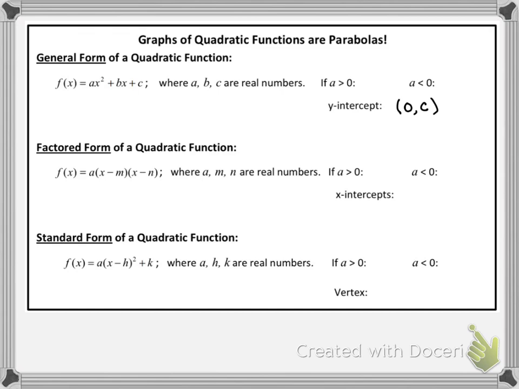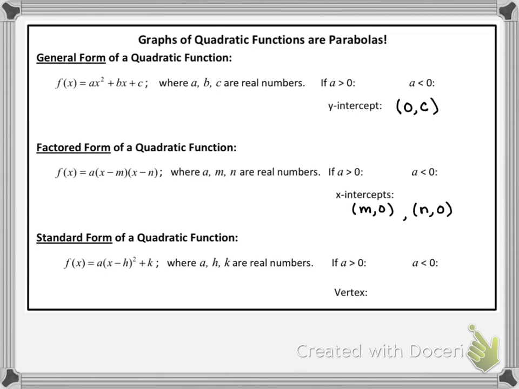Factored form of a quadratic function, the interesting thing that this gives us is the x-intercepts. So our x-intercepts are m, 0 and n, 0, which means when it comes to writing a quadratic function, if you're given the x-intercepts, you immediately want to think factored form, because then it's just a matter of figuring out what a is, because they gave you that m and n.